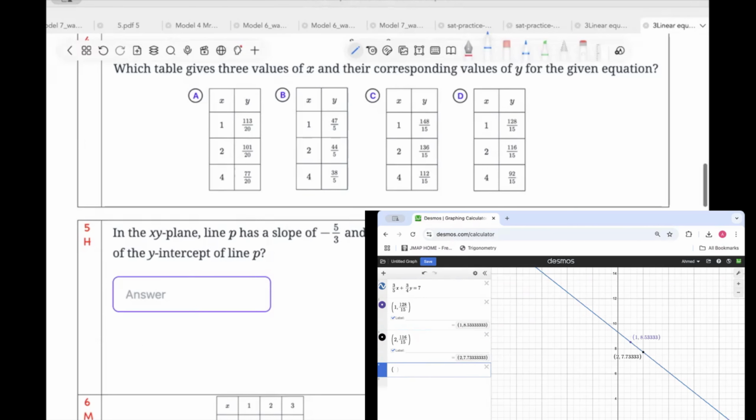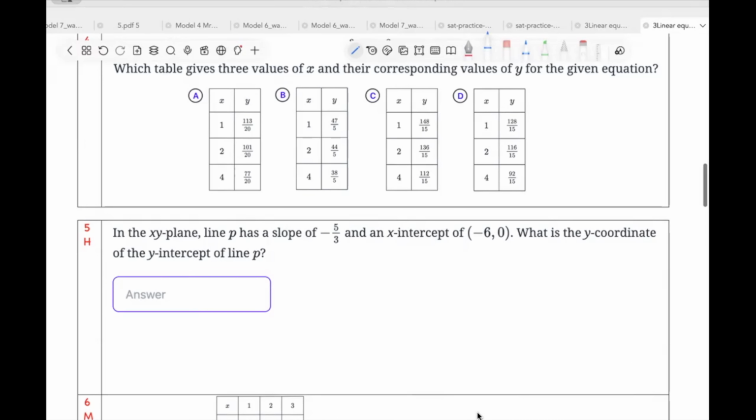Yes, it satisfies the equation. For making sure, we can put the third point, (4, 92/15), sorry, 15. Label. Yes. So we have the 3 points lying on the straight line. It means the points satisfy the equation of the straight line. It means the answer is D. So D is the answer.